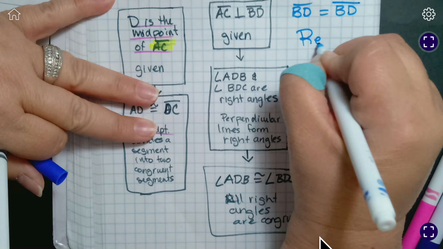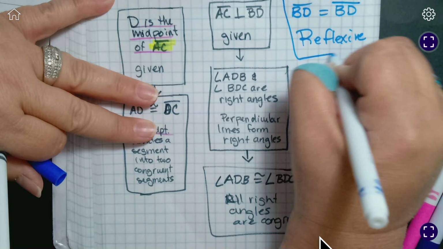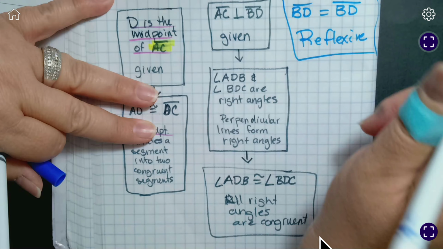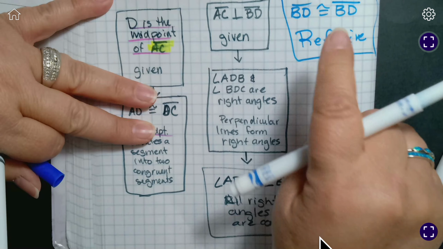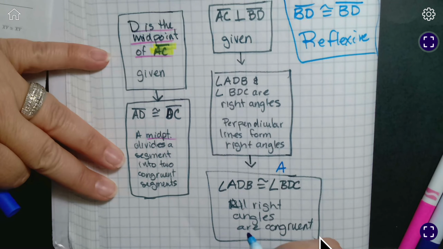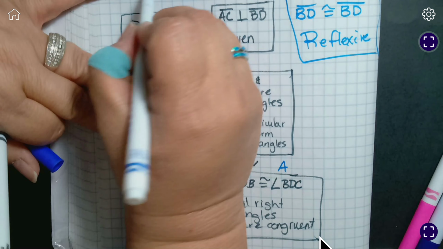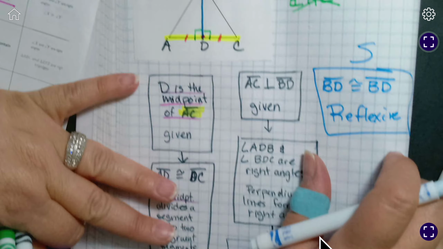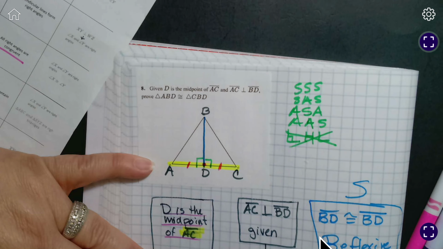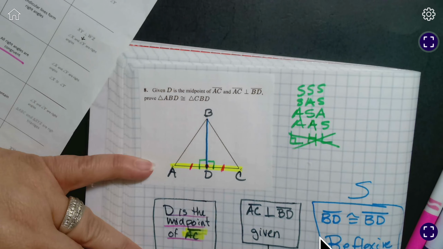And that is reflexive; you don't need anything above that. You've got a side here, you have an angle, and you have a side. If you'll notice on your triangle, you have side, angle, side. And you're practically done.